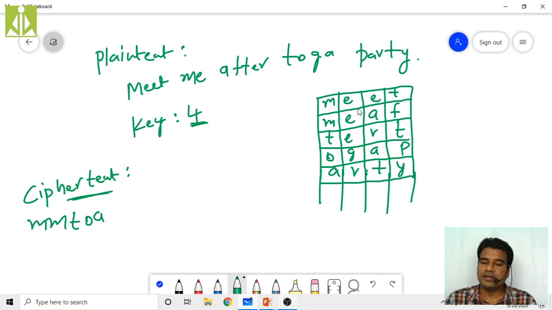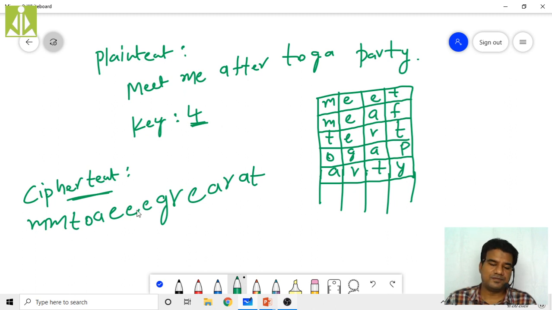Then EEEGR. Then we have EARAT. Next is TFTPY. This is my ciphertext.